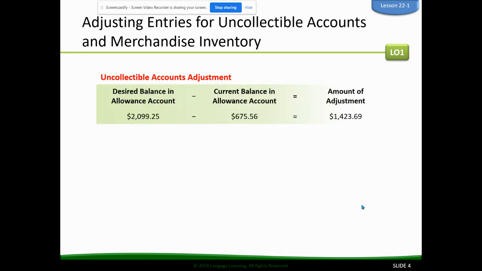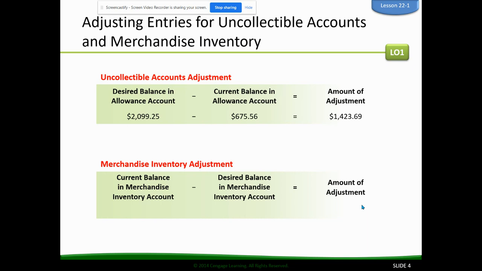We have to account for our uncollectible accounts. Those are the accounts that our customers aren't going to pay us back. So we figure that out. They give us a percentage, or we usually figure out the percentage. We figure out how much is already there, and then we figure out how much our adjustment is.